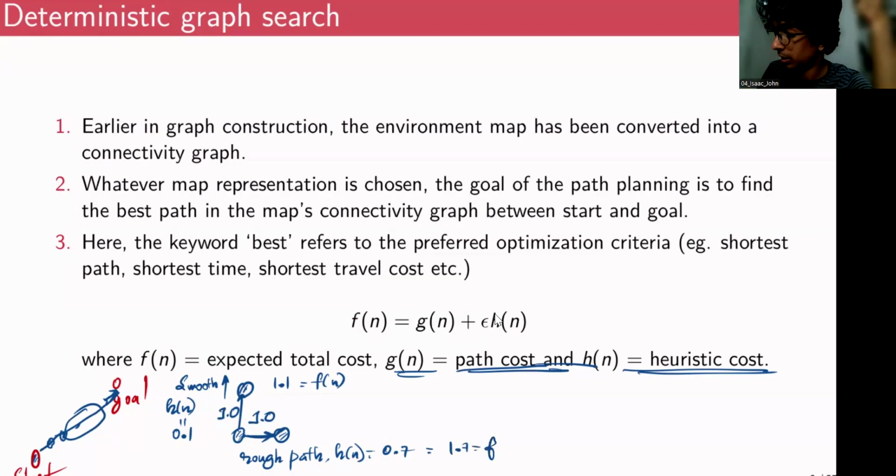This would be your expected total cost. So the robot would naturally take the path with lower expected cost, which would be this direction. If it has a choice to move in this direction and this direction, it will obviously decide to move in the direction which has the least amount of expected cost.